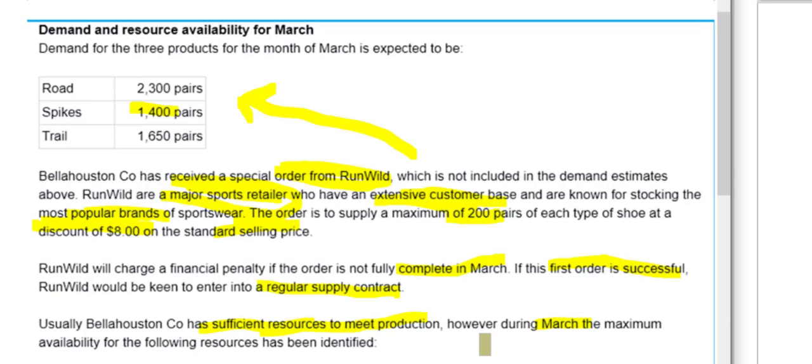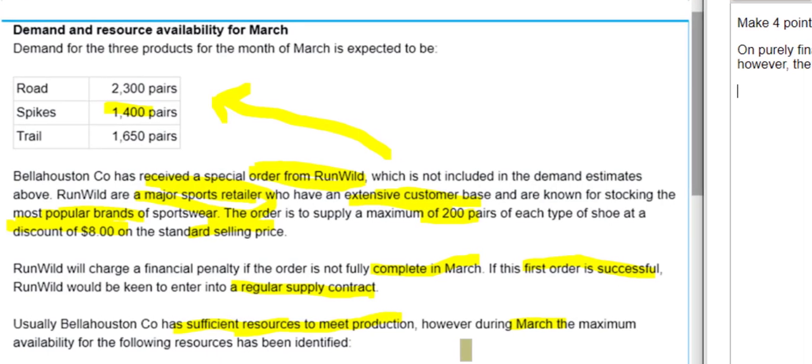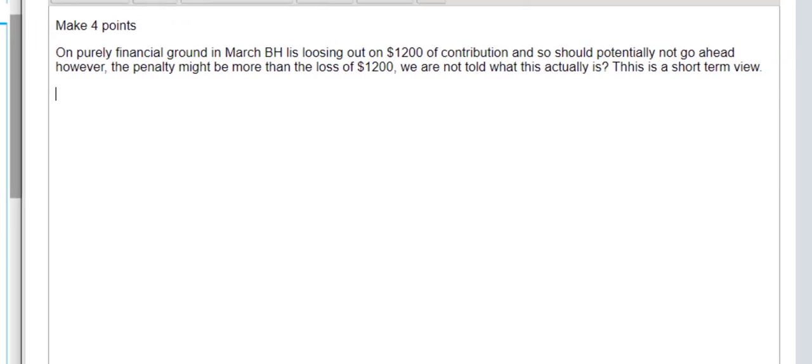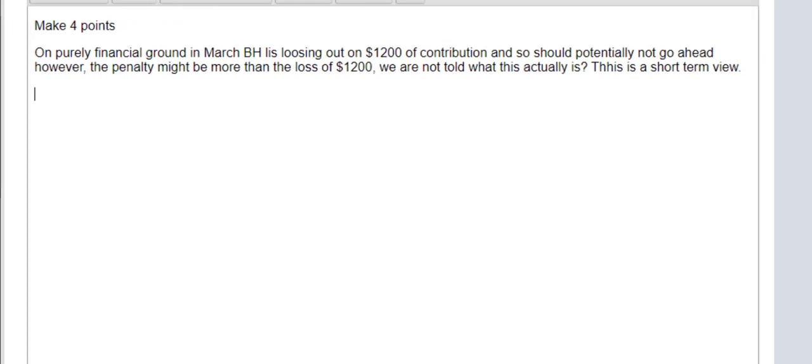Okay, so they're asking you to focus on the fact that they usually have sufficient resources to meet production. So this might be a one-off. So I know it's financially not profitable to go ahead with the Runwell order for March, but you've got to think about the future consequences, those non-financial factors. So make sure you discuss both sides of the argument.